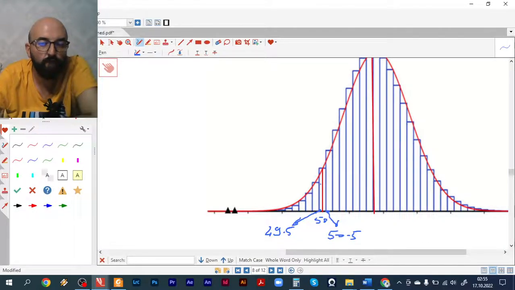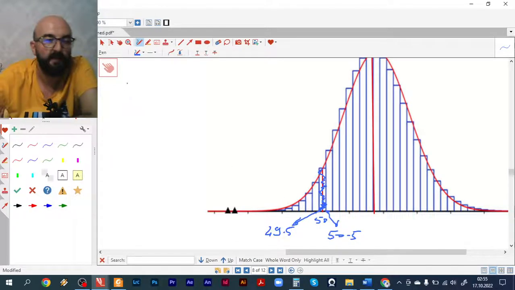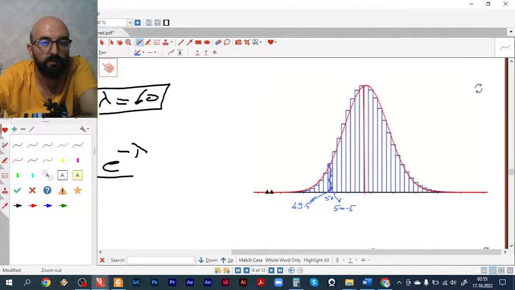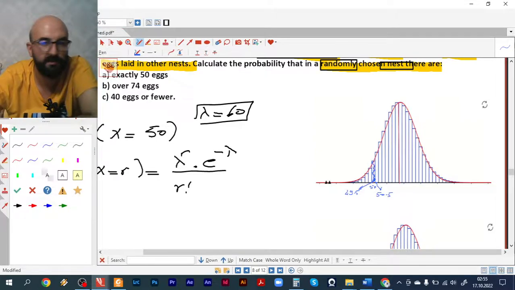If you use the normal distribution for exactly 50 values, you should find greater than or equal to 49.5 and less than or equal to 50.5, because the normal distribution is a continuous distribution, and you should convert the discrete probability to a continuous probability.